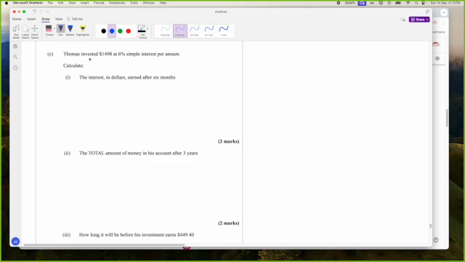Moving on, Thomas invested this amount at 6% simple interest per annum. Calculate the interest in dollars earned after 6 months. Well, I only know one thing about simple interest, and that is principal by rate by time over 100. I know another thing though, that the time is supposed to be in years. So therefore, 6 months will be a half of a year, 0.5 years.